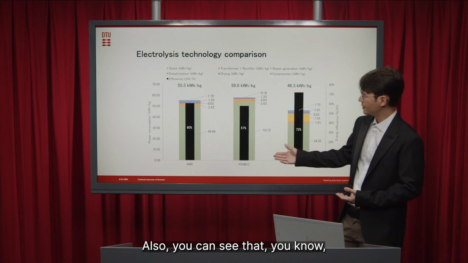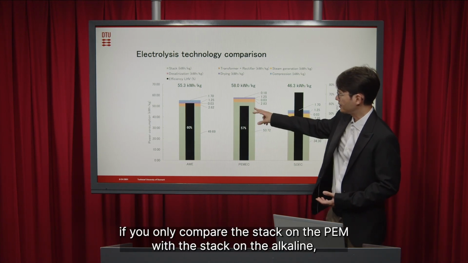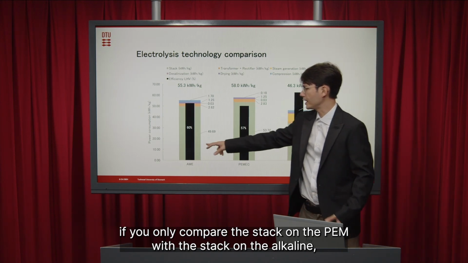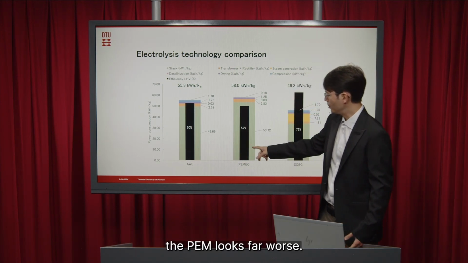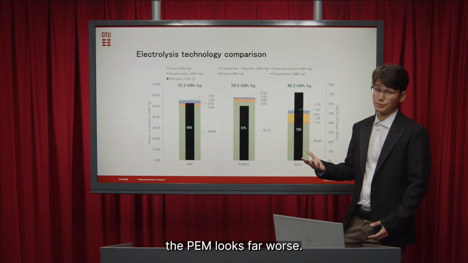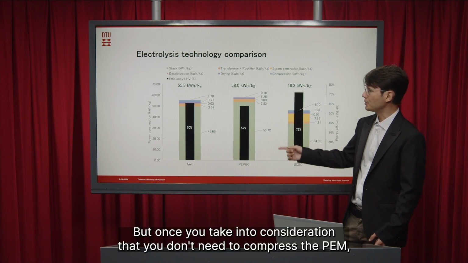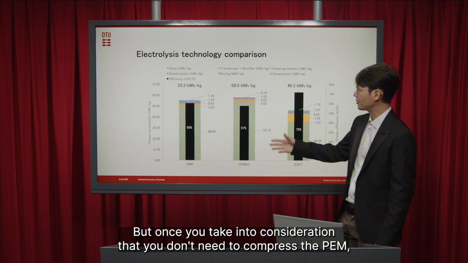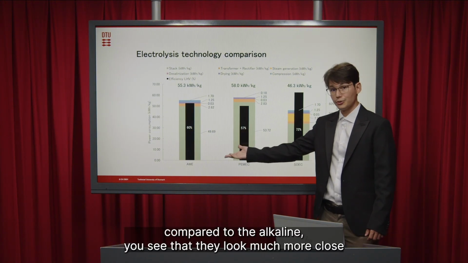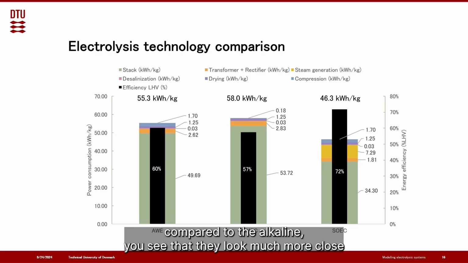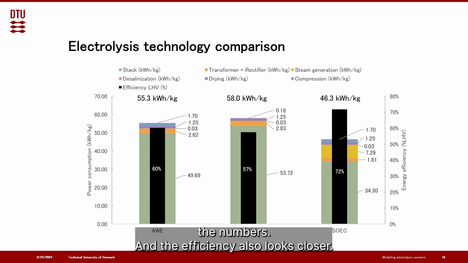Also, you can see that if you only compare the stack of the PEM with the stack of the alkaline, the PEM looks much worse. But once you take into consideration that you don't need to compress the PEM compared to the alkaline, you see that the numbers look much closer.